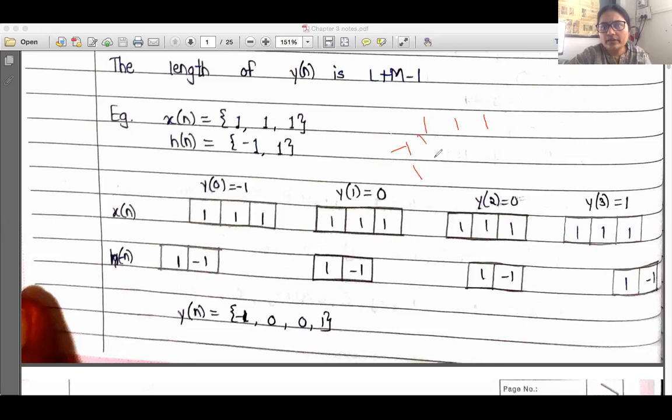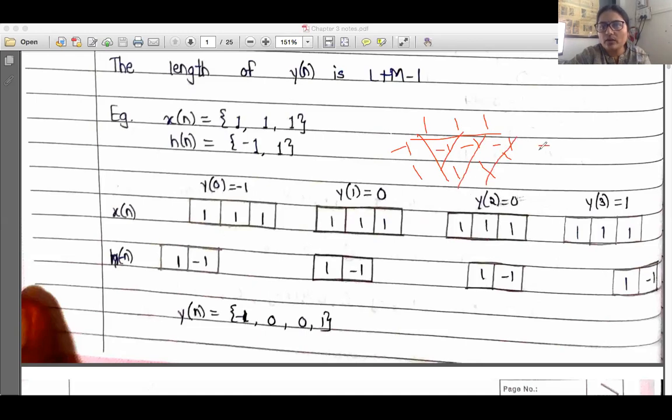How do you find a linear convolution? I'm going to perform multiplication of this and then addition so that we can get the output sequence. So 1 gets multiplied by 1. This is -1, -1, and this is -1. And this is going to be 1, 1, 1. Then we will be taking this in this manner.